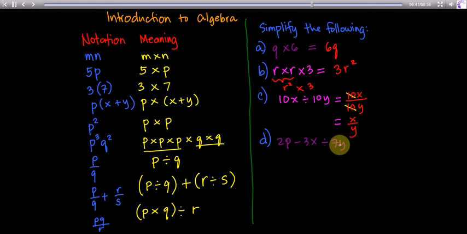In this case we have to think first which one we're going to do first, because it involves two operations. We have here the minus and the divide, subtraction and division. So which operation do we have to do first?